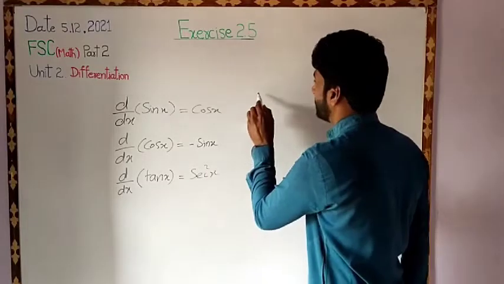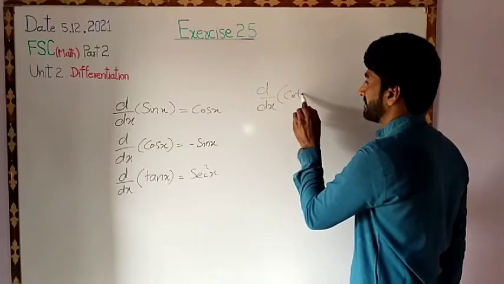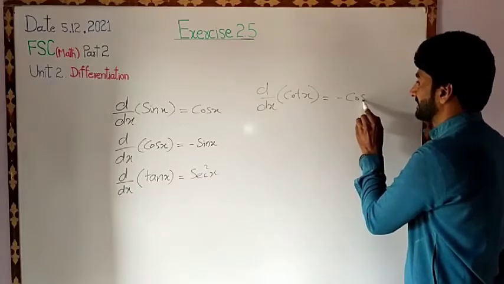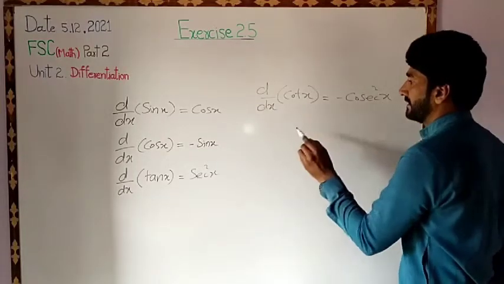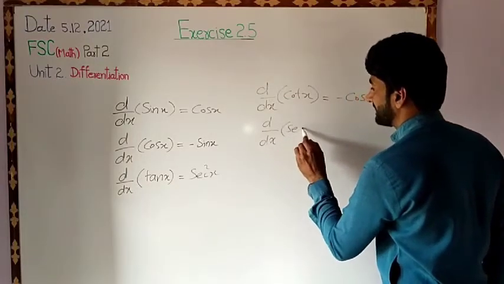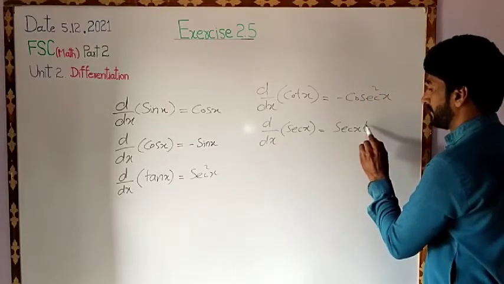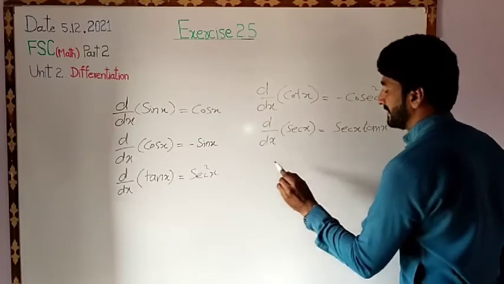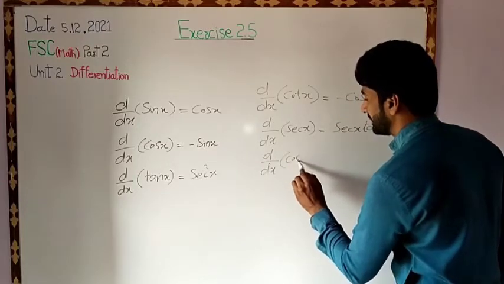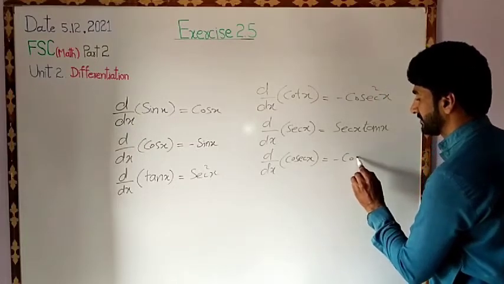Similarly, the derivative of cot x equals minus cosecant square x, the derivative of secant x equals secant x tan x, and the derivative of cosecant x equals minus cosecant x cot x.